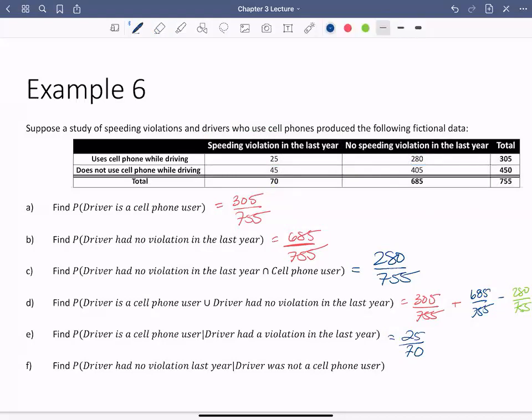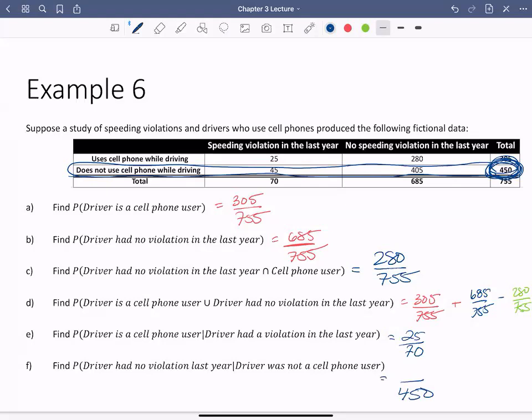All right, so next it says, find the probability that a driver had no violation last year, given the driver was not a cell phone user. So you could do it how you want, but it says that they do not use a cell phone. That's the given. So I'm looking at this row here, which means my total is this thing right here, the 450. That's the only number I care about. So 450.